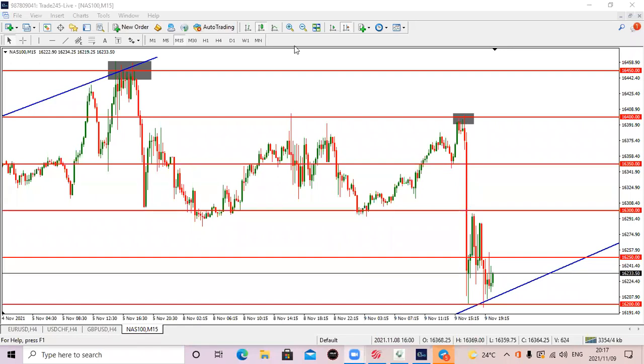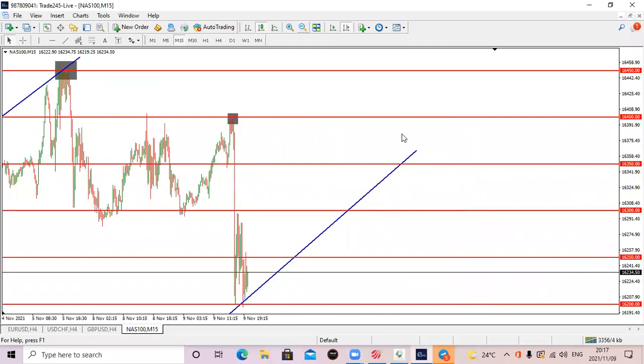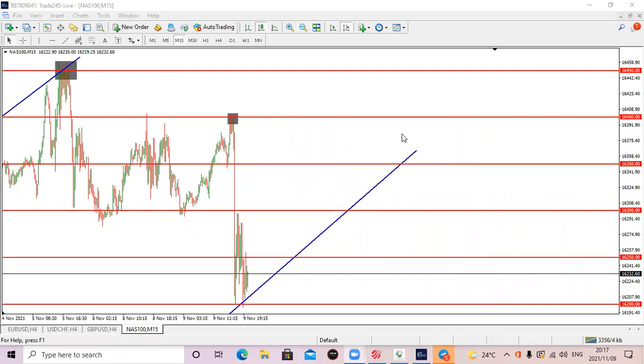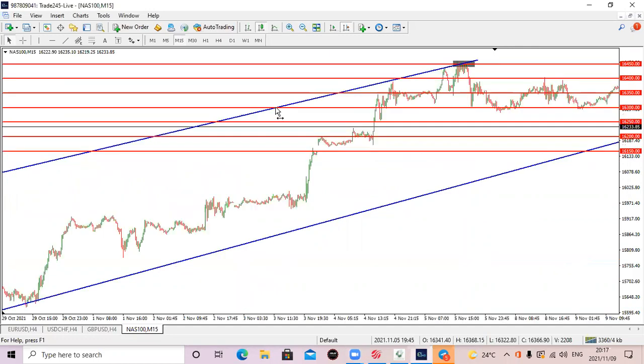Right. So that's our strategy. That's actually how we are taking the trades. Remember, we have the structure.